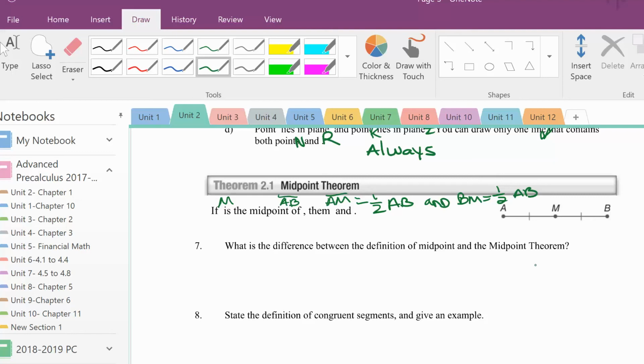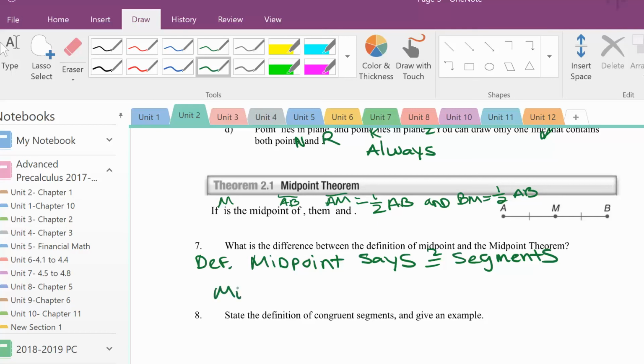And the question here says, what is the difference between the definition of midpoint and midpoint theorem? Well, the definition of midpoint says that you have congruent segments, meaning if you have a midpoint, it divides it into 2 congruent segments.